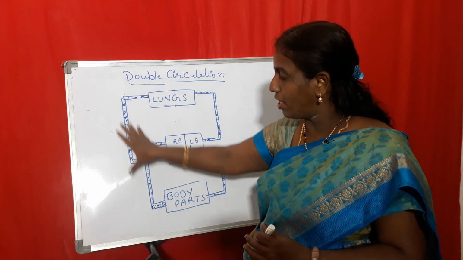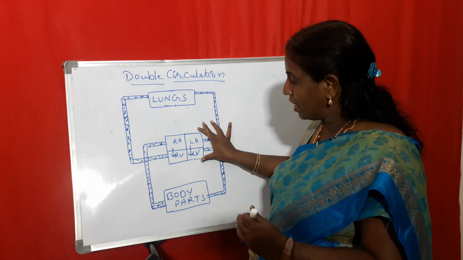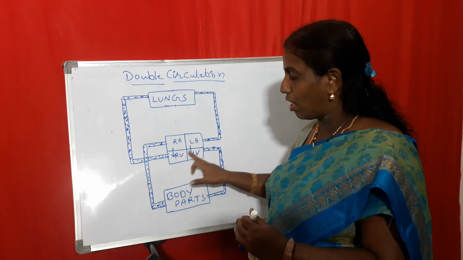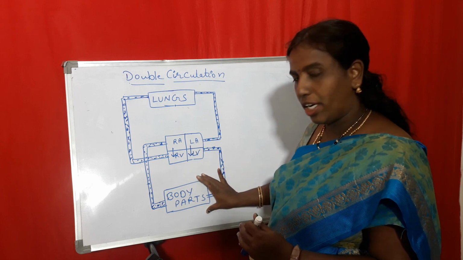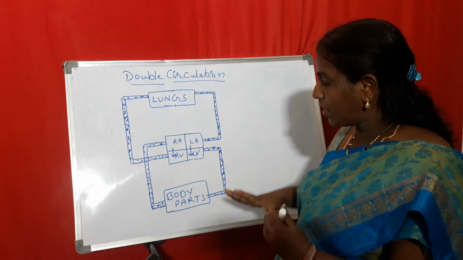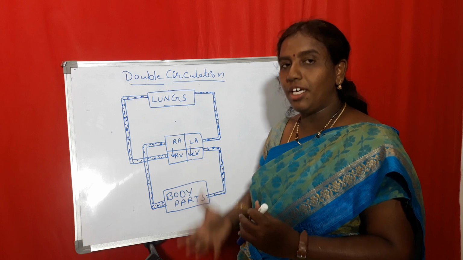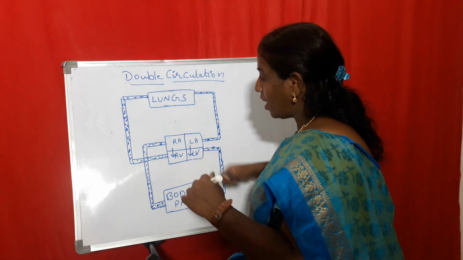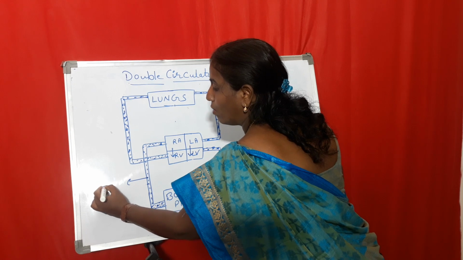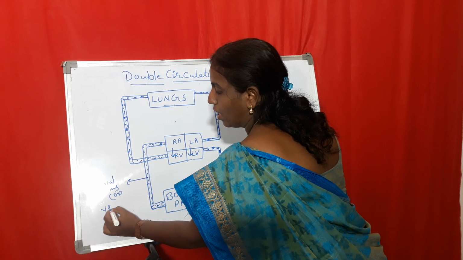I have drawn here a simple picture of double circulation. The center one shows us the heart diagram with 4 chambers, the bottom is body parts, whereas the upper one is lungs. Here we see from the body parts the used blood, deoxygenated blood, reaches the right auricle through caval veins or vena cava.